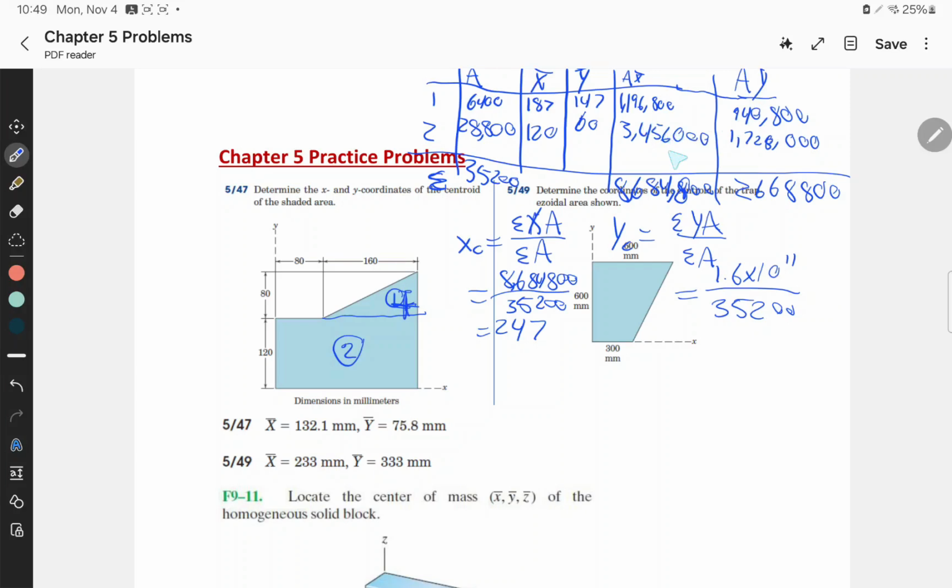And if we were to plug that in here, we're going to have to correct this now, because that number doesn't even make sense to begin with. It's going to give us approximately 132.